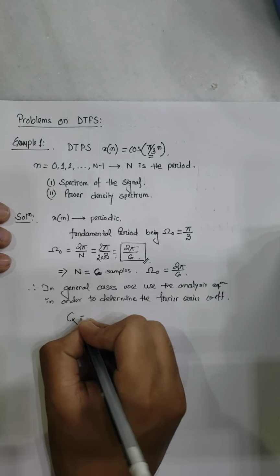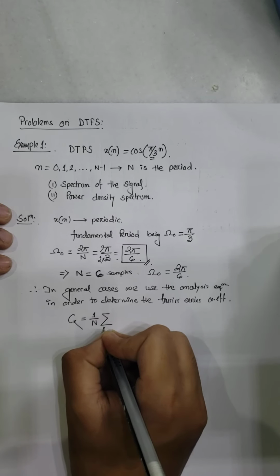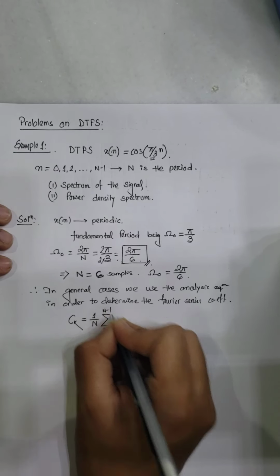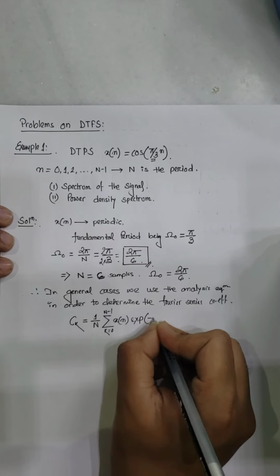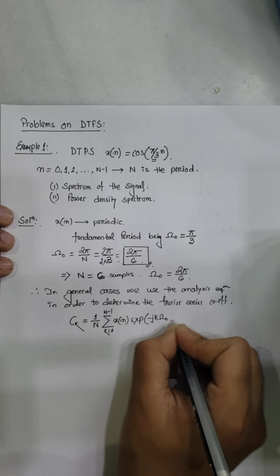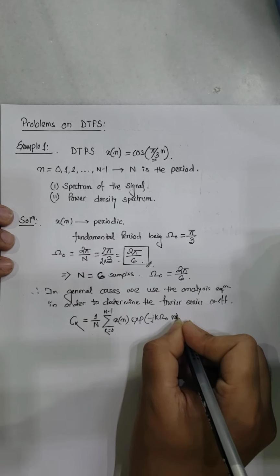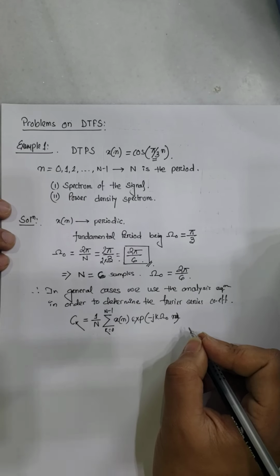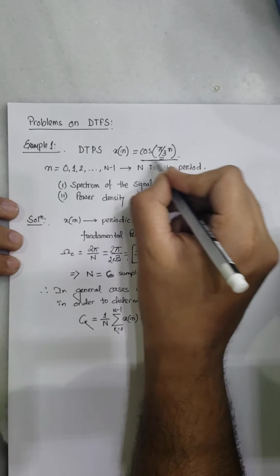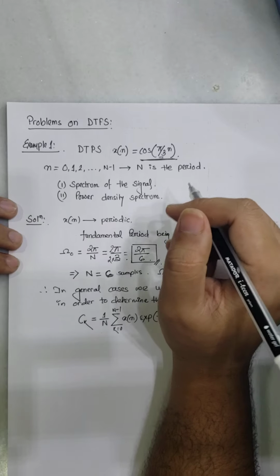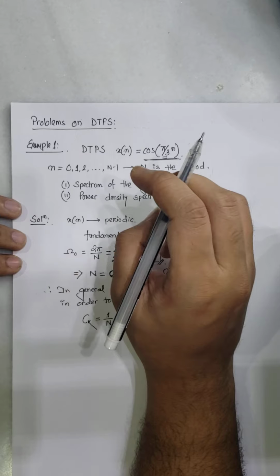It looks like C of k equals 1 over n, and taking a running sum which goes from n equals 0 to n minus 1, x of n e to the power minus jk omega naught n. But in case there is a sinusoid as the given function, we shall try and use the synthesis equation in order to solve for the Fourier series coefficients.